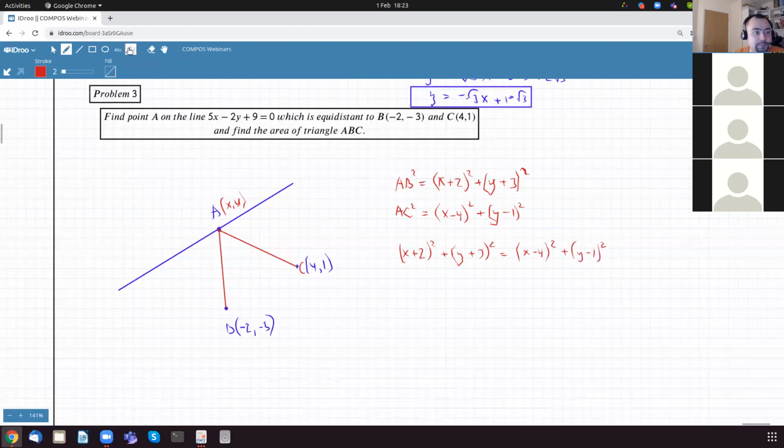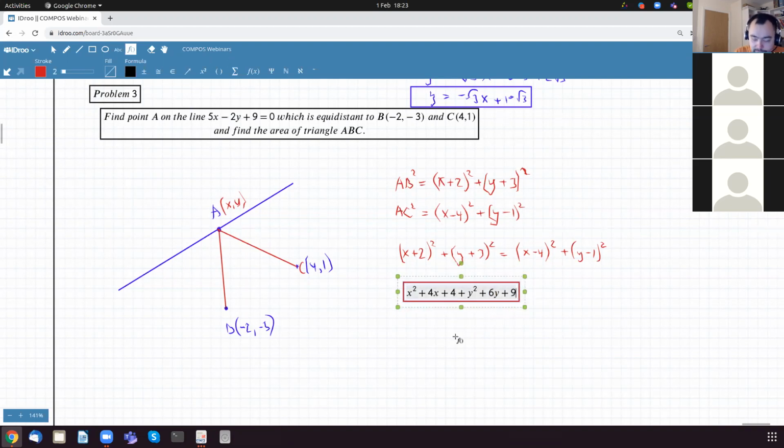I'm going to stop typing. We expand: x squared plus 4x plus 4 plus y squared plus 6y plus 9 equals x squared minus 8x plus 16 plus y squared minus 2y plus 1.